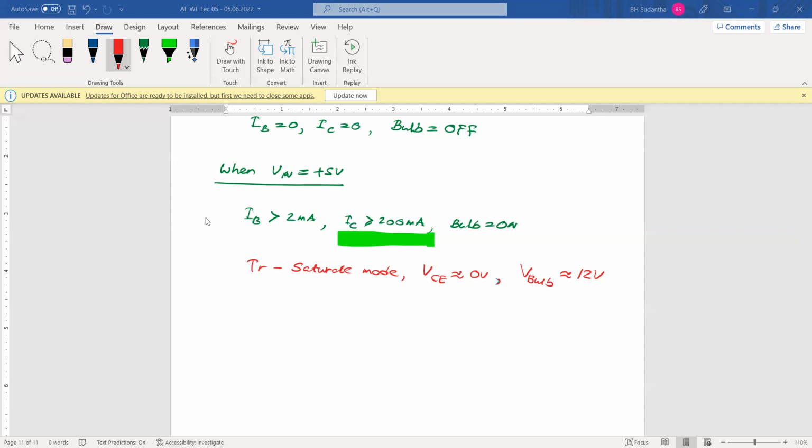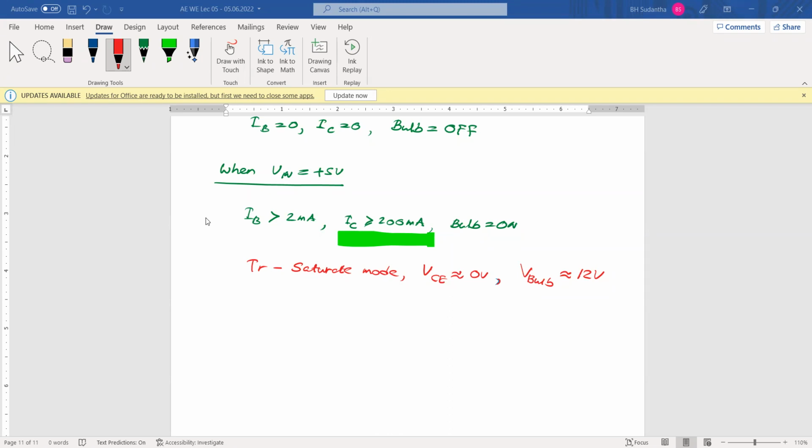The bulb has maximum intensity at saturated mode. Yes. Actually, we have to make sure that we are operating transistors in 2 modes only. We turn off the transistor without providing voltage to the input terminal, and we provide 5 volts there. Then we push the transistor into saturate mode. We have to make sure that transistor is operating only on these 2 modes, these 2 ends.